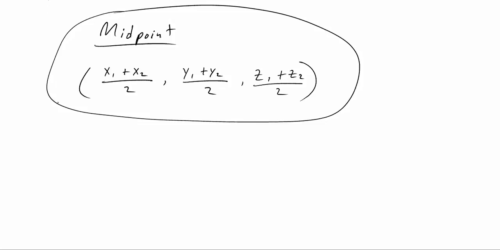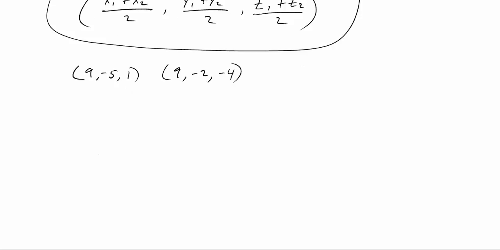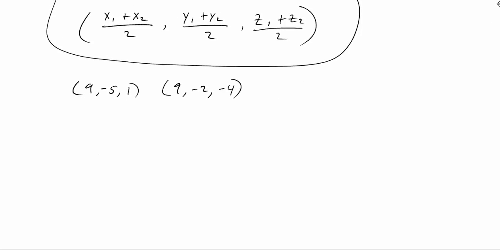So if we look at an example of this, what if we had the following points: 9, -5, 1, and 9, -2, -4. And we want to find the midpoint. So if we took a line segment and connected these 2 points, we want to find the midpoint of that segment.